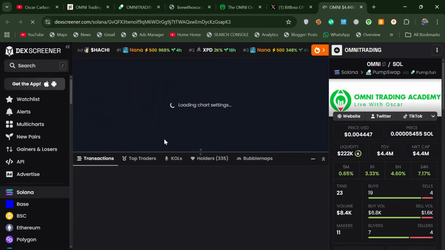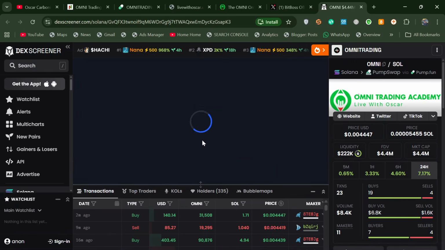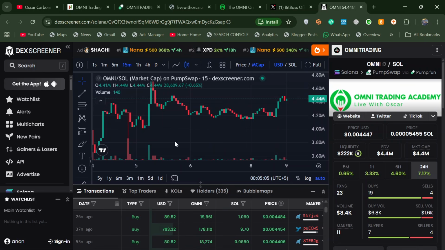You can check here, this is also listed on DEX Screener, and you can check the price, the liquidity, total market volume, and market cap. These are the transaction records. This is a one-view trading option that provides the graph of this token.